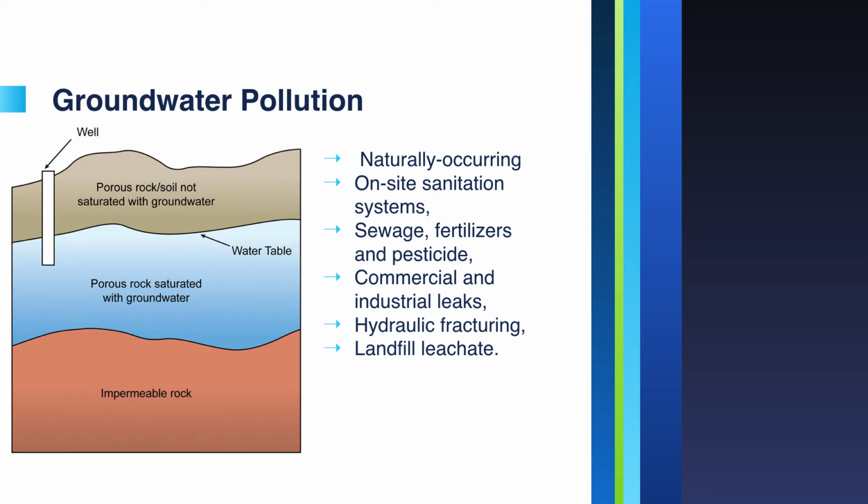We can also have commercial and industrial leaks, such as at Superfund sites, which are highly contaminated industrial sites, but even a local laundromat that has a leaky drain can pollute the water table underneath it. Hydraulic fracturing, that is fracking, is a major source of groundwater pollution, although this is hotly contested by proponents of fracking.